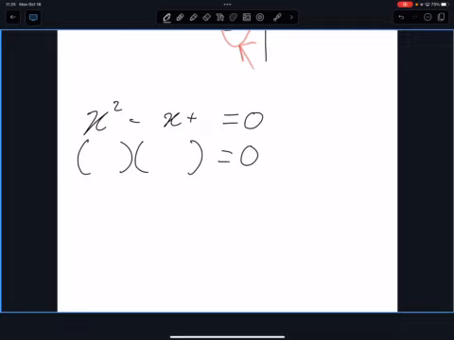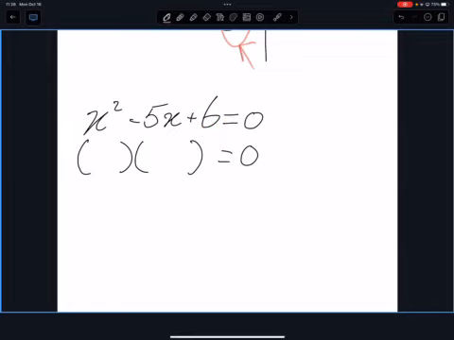Here's 9. 6. 5 and 6. Yes. So, two numbers added with each other give minus 5. Two numbers multiplied with each other give 6. Simple enough.